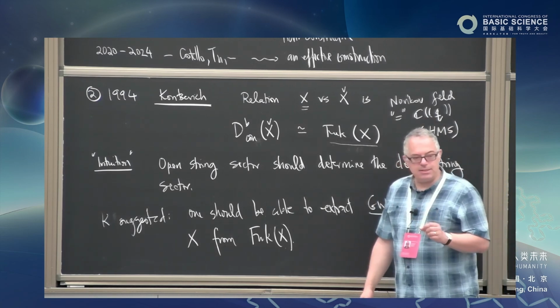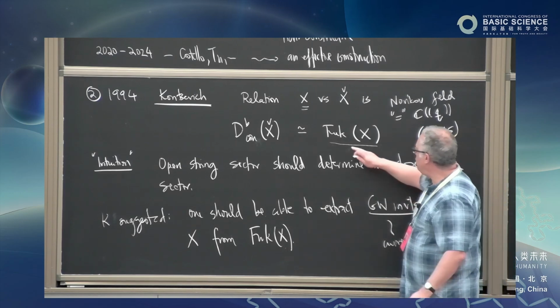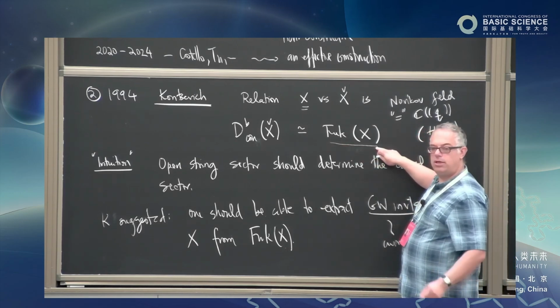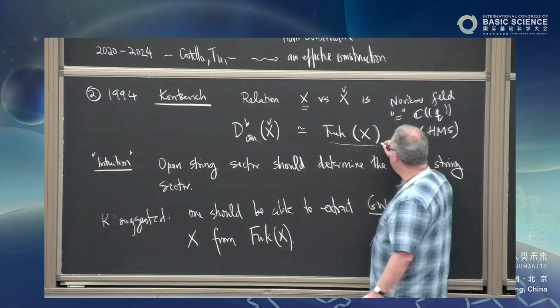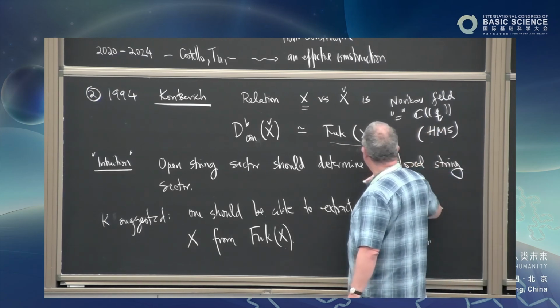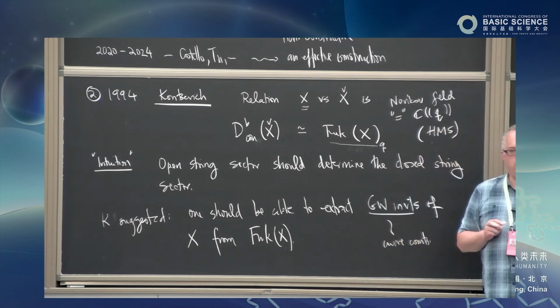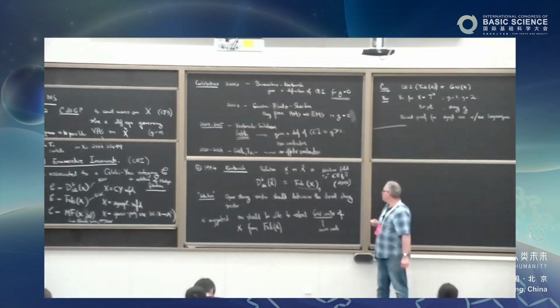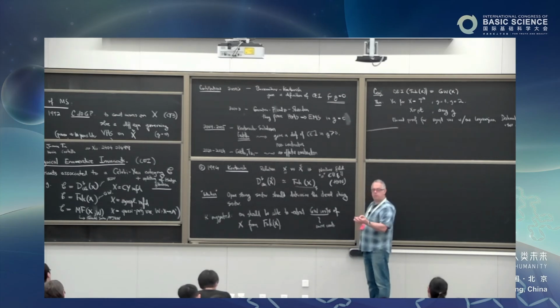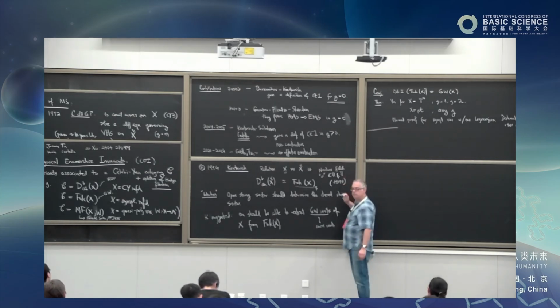But in practice, intuitively, that means that you should really think about this Fukaya category not as one category, but as a formal family of categories, which depends on a formal parameter q. And this q lives in a small punctured disk, the spectrum of this field.